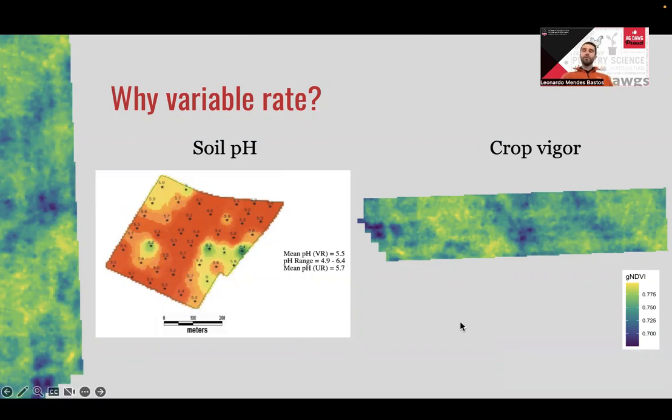Again, these are just different ways of assessing variability. One is with soil sampling, taking soil samples and sending them to a lab to get a nutrient or soil characteristic, in this case pH. Another is using a sensor like a satellite or a drone to give you an indication of crop vigor through a vegetation index.